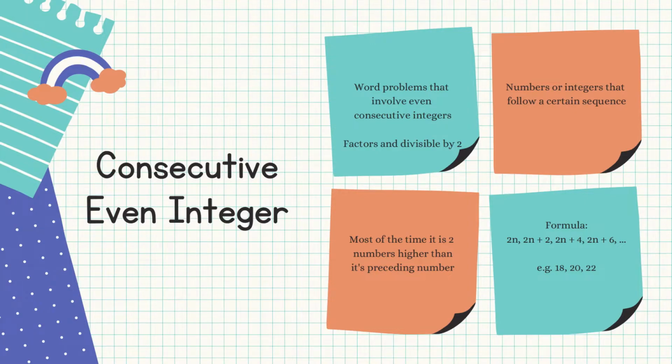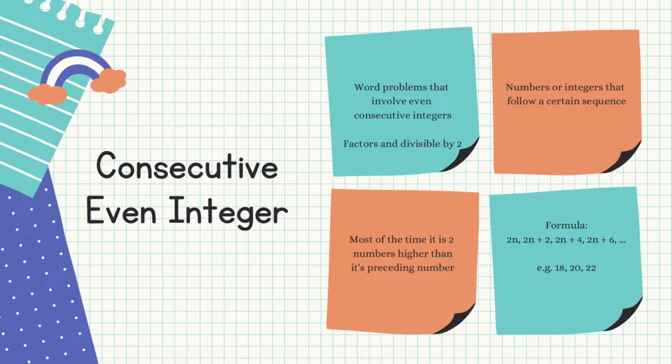The second variety is consecutive even integers. It involves even integers. What are even integers? These are numbers that are divisible by and have a factor of 2, such as 2 itself, 4, 6, and so on. Compared to consecutive integer problems, which are only one number higher than the preceding number, consecutive even integers are 2 higher than the preceding number.